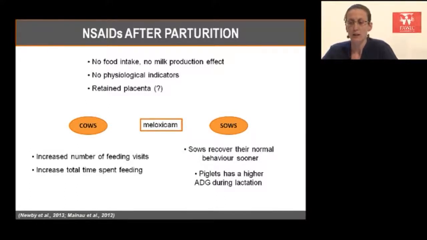And finally, in a study performed here in Barcelona, we administered meloxicam in sows after farrowing, and we observed that sows recovered their normal behavior sooner. And also we found several good productive consequences. The piglets had a higher average daily gain during lactation.